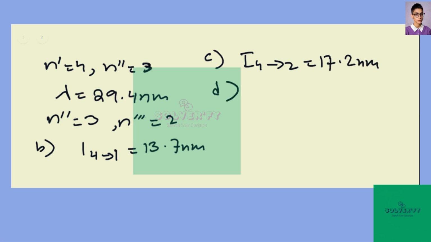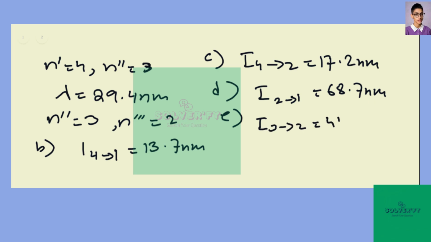For D, the longest wavelength that can be emitted is 2 to 1, that is 68.7 nanometer. Part E, the longest wavelength that can be emitted is 3 to 2, that is 41.2 nanometer.